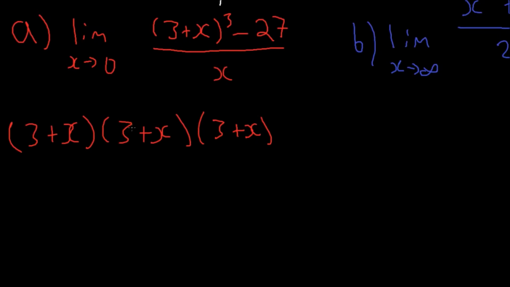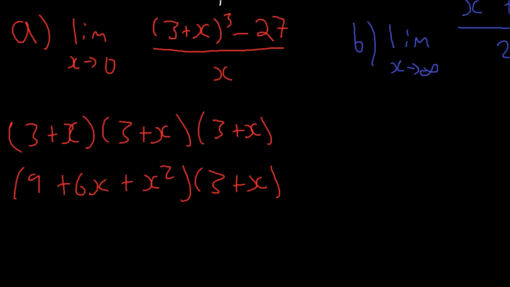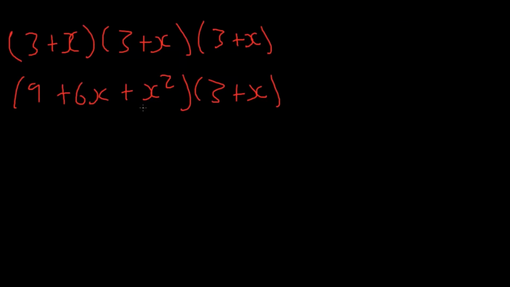So we're going to have 3 times 3 is 9. 3 times x is 3x, plus this 3 times x, which is going to be 6x there. And then we have the last combination, x times x, which gives us x squared, times 3 plus x. And then when we do the next step, 9 times 3 is going to be 27.